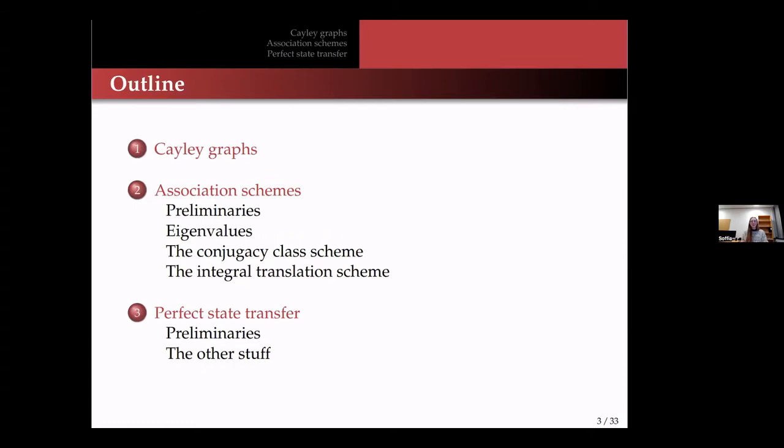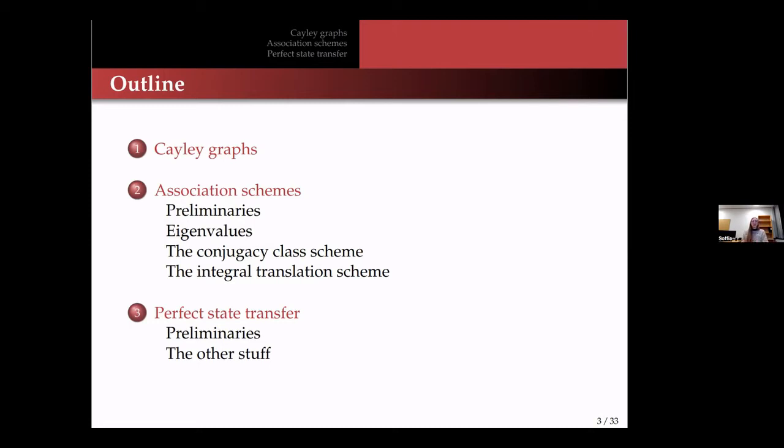And now, here's an outline. We're going to start with Cayley graphs. We'll define Cayley graphs and some of their properties, and then we're going to talk about association schemes. I am going to be assuming that many people who are listening have seen association schemes and are familiar with them, but I'm still going to go through preliminaries, maybe just quickly.